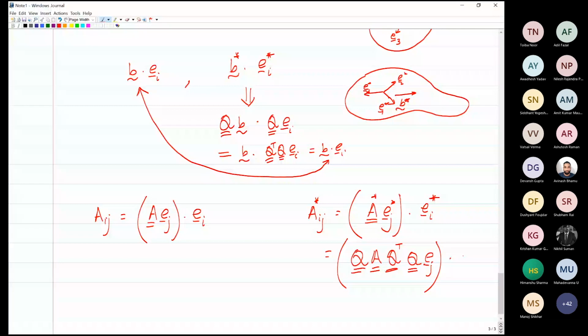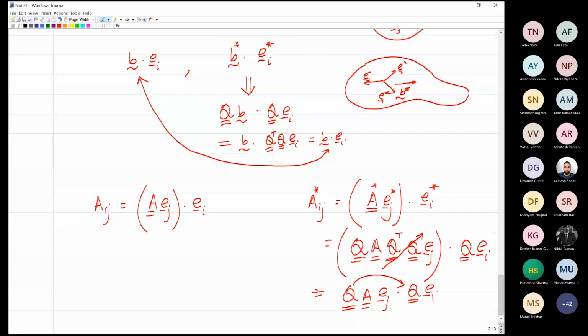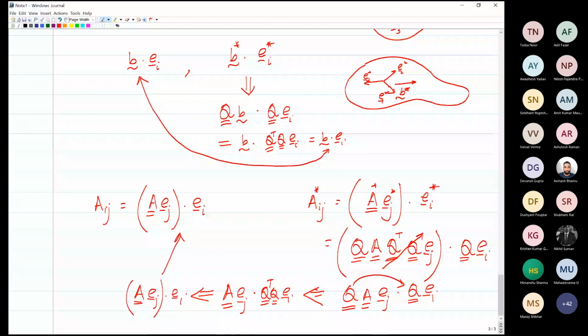Now bring it to the other side, and it becomes A Ej dot with Q transpose Q Ei, which is A Ej dot with Ei, the same as this. So again, what you see is that A star ij is the same as Aij if A is objective.